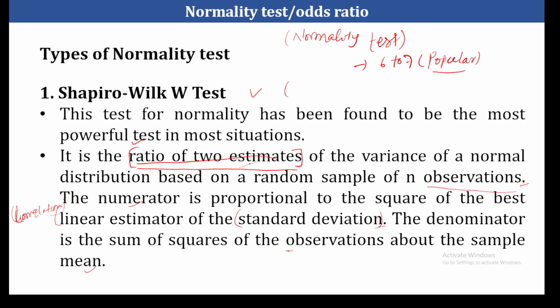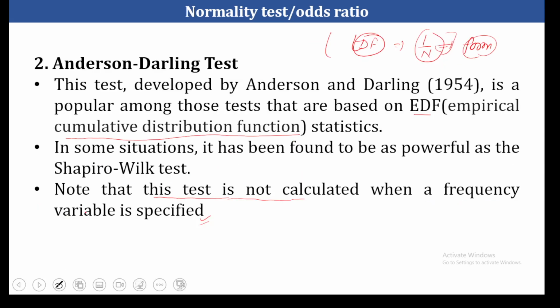It is the ratio of two estimates of the variance of the normal distribution based upon a random sample of n observations. The numerator is proportional to the square of the best linear estimator of the standard deviation. The denominator is the sum of squares of the observations about the sample mean. Numerator will be the square of the best linear estimation, maybe that normalization we can say, and the denominator will be the sum of the squares of the observations. Means it will be the total and then the best estimator.